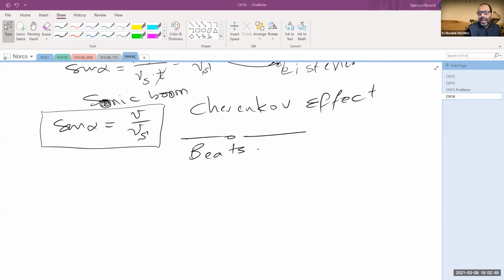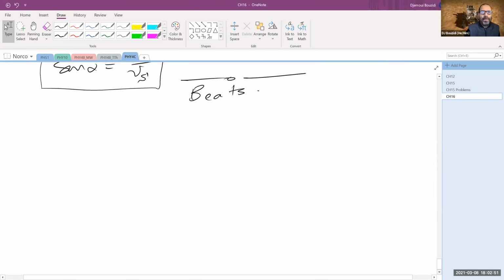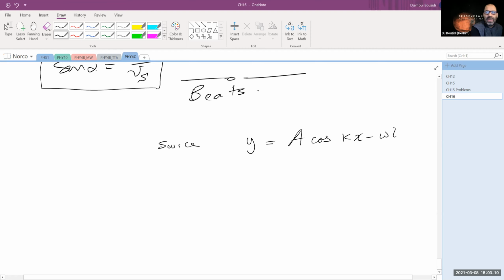So again, here is a scenario, okay? I have a wave source that is emitting a wave. I'm going to write the wave in here in general. It doesn't matter what it is, it's going to be sound. I'm going to express it with y equal to some amplitude times a cosine of some wave number k x minus omega t.